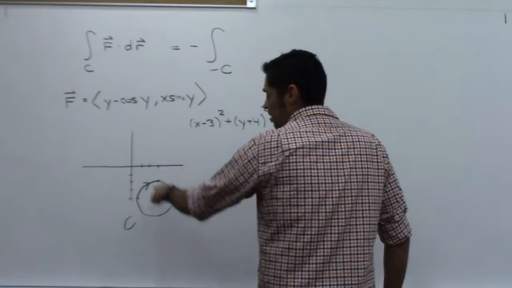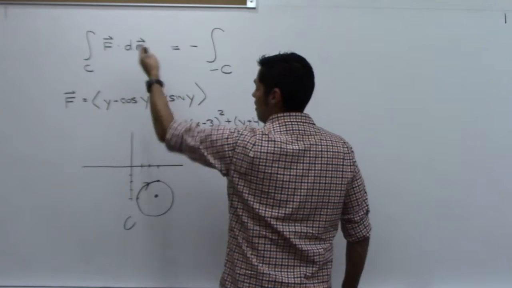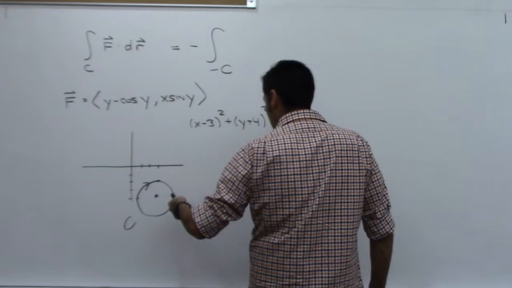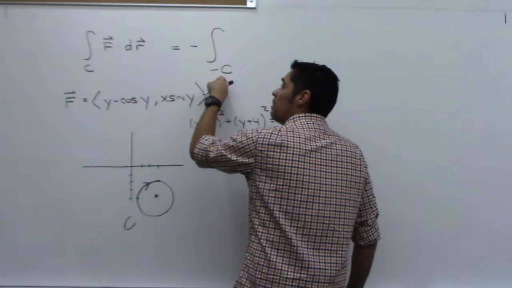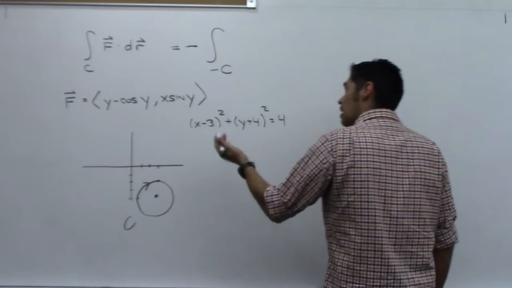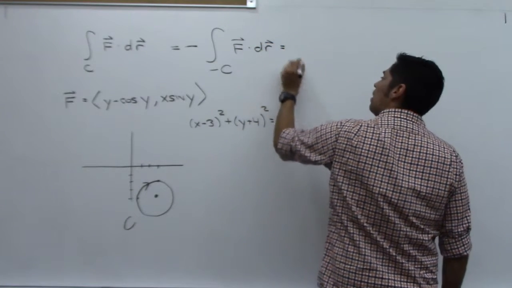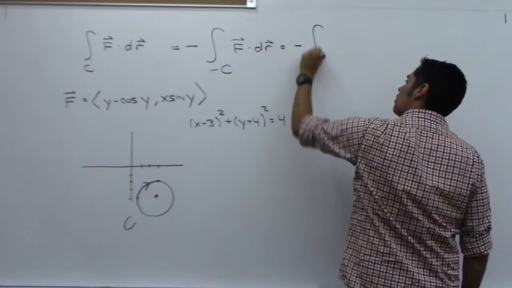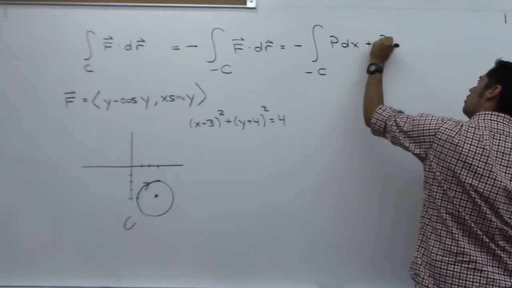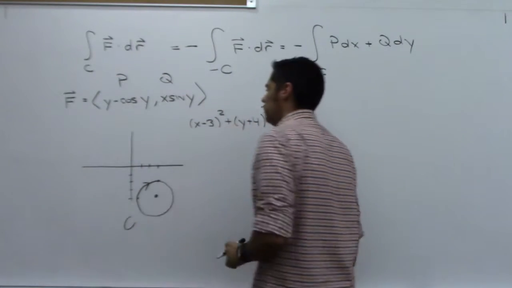If C was counterclockwise, then we would just do this. But because we can only use the formula if it's positively oriented, which is the opposite direction, we go the positive orientation but change the sign to match up the reversal of direction. So that integral of F·dr is equal to negative the integral over negative C of P dx plus Q dy, where these are our P and our Q.